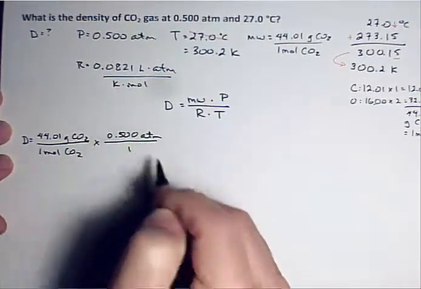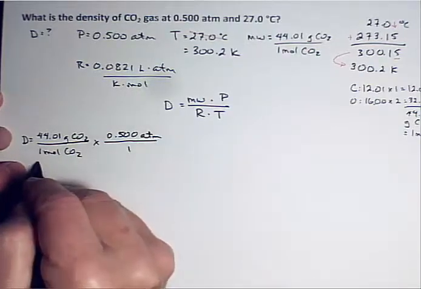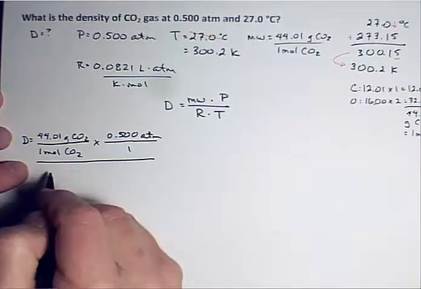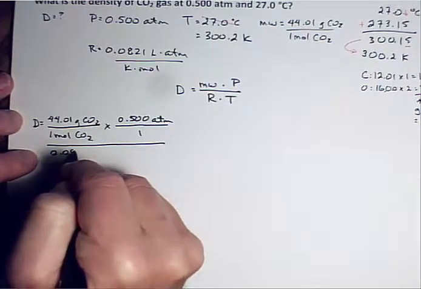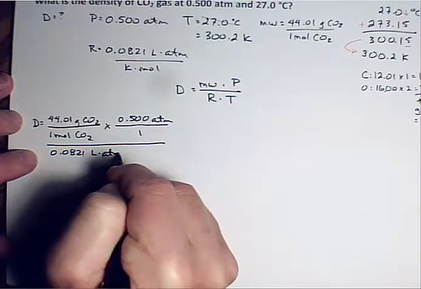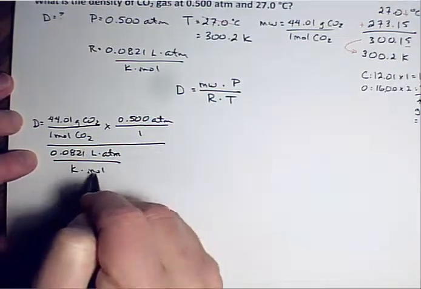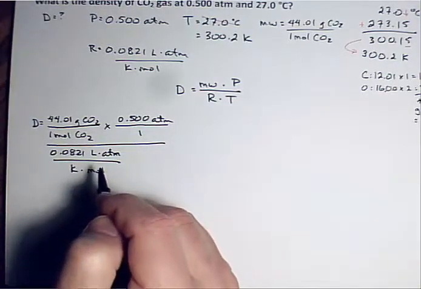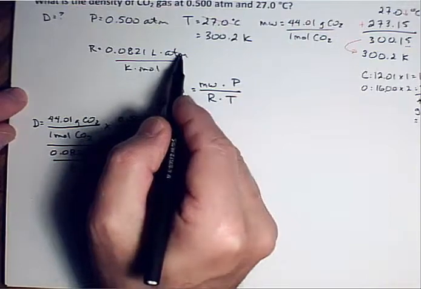And to keep things well organized, I'm just going to put that over 1. And then all of that's going to go over the ideal gas constant, or the universal gas constant, 0.0821 liters times atmospheres over Kelvin times moles.